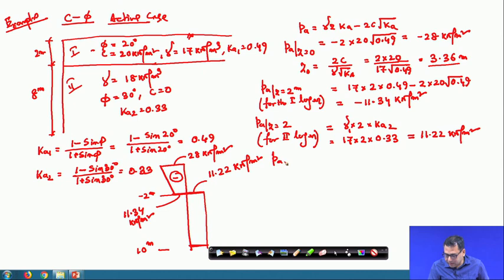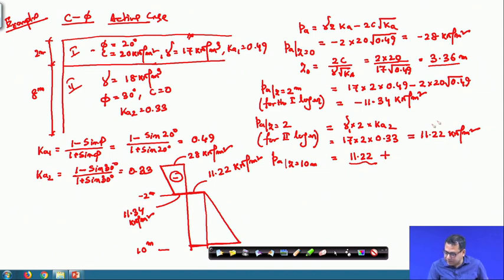Now, PA at z equal to 10 meter, okay, that means at the base of the wall. So, at 10 meter this 11.22 will remain there. Then the additional one, because of this second layer, the additional one I am calculating.